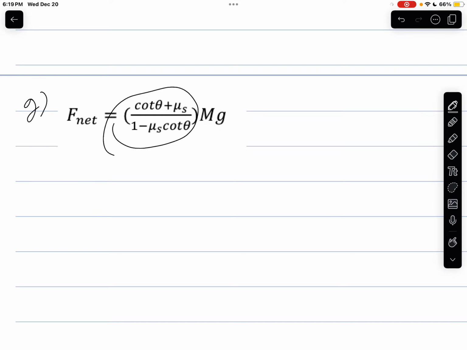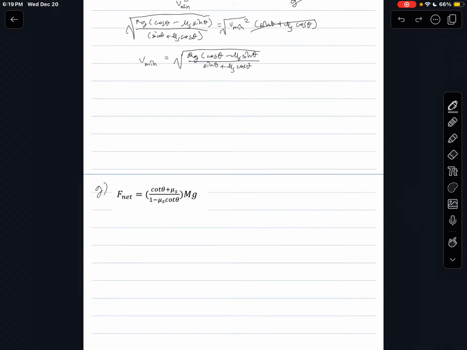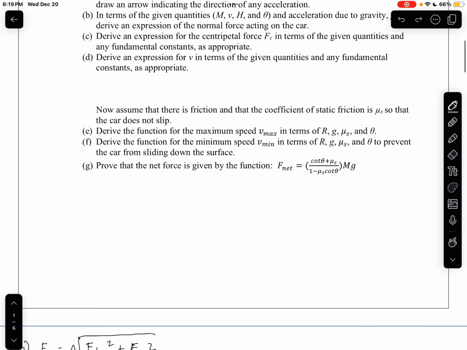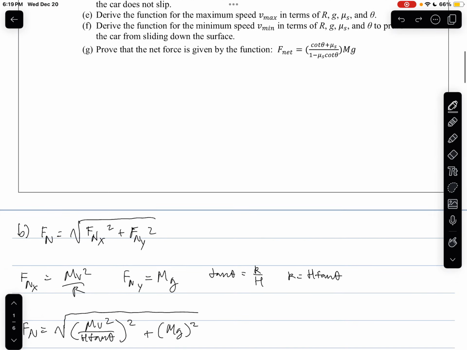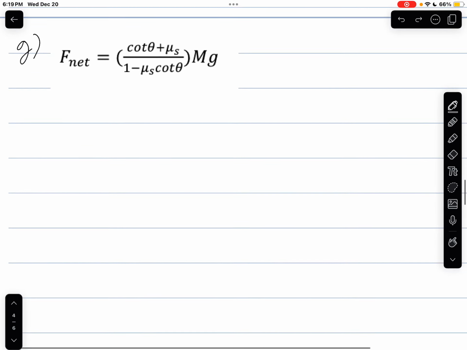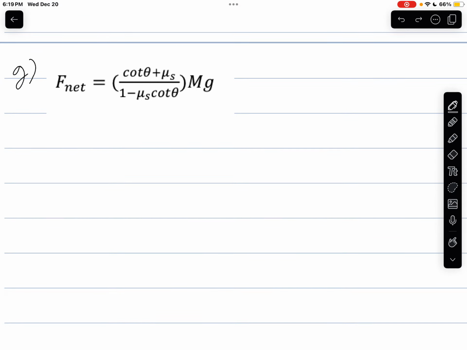Okay. So the F net is going to equal this, and I know the net force acting on, what is it, the car again? Yes, it's the car. So the net force acting on the car is the centripetal force, and the total centripetal force acting on the car is going to be F. So net force equals FC, and FC equals Fnx plus Fsx.